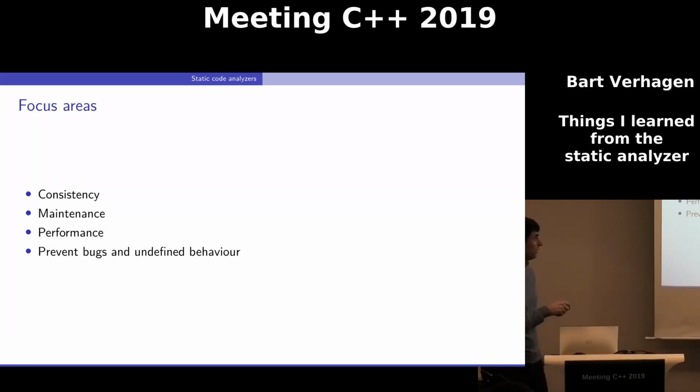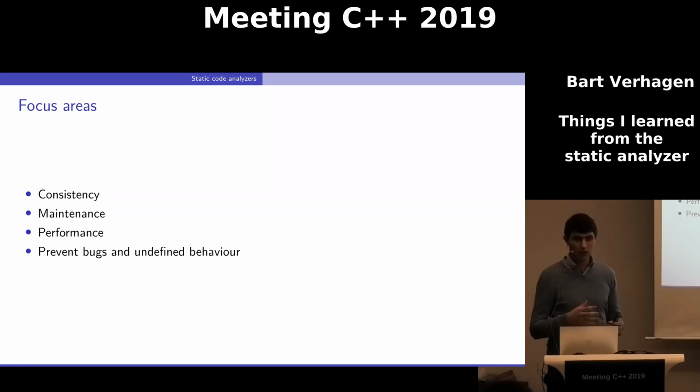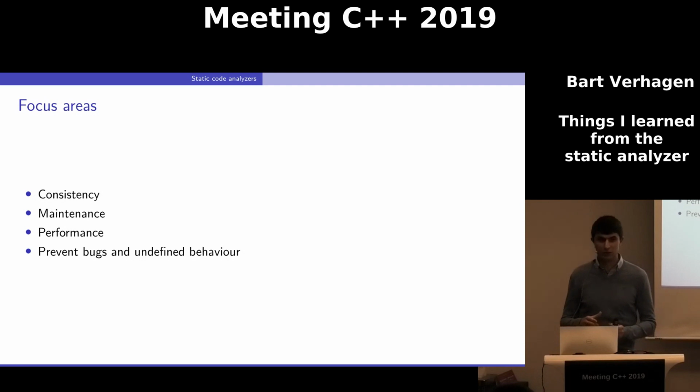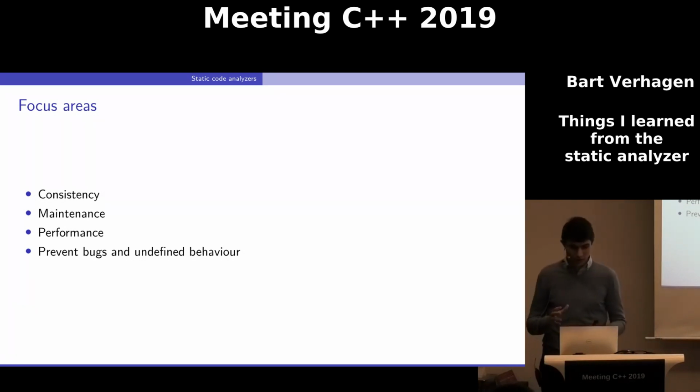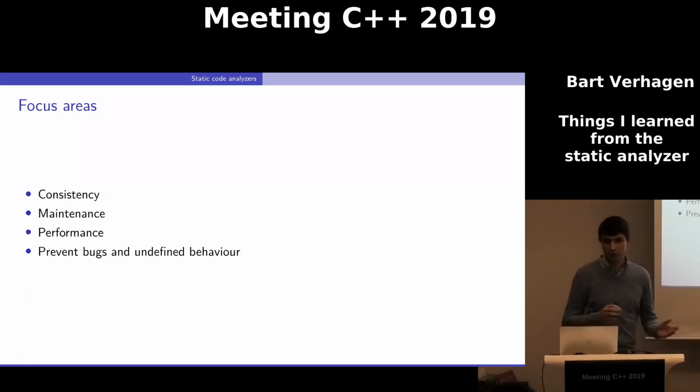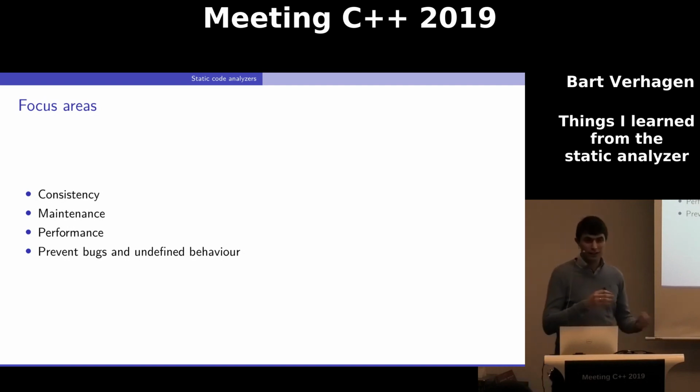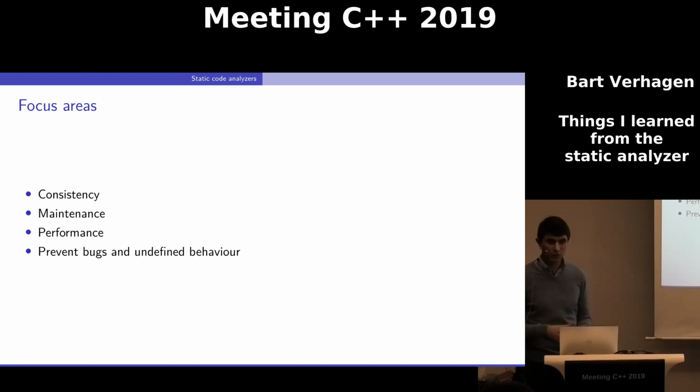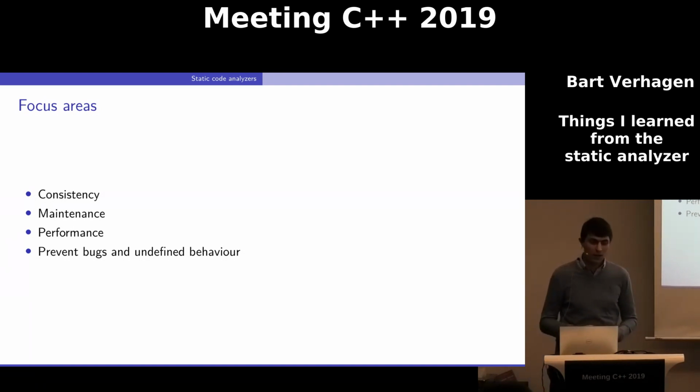First of all, there's consistency. Static code analyzers can help us make our code more consistent. To illustrate how important consistency can be, in most companies that I encounter there are rather strict coding guidelines on how to use C++ well and how not to use it, and sometimes there's a kind of holy power to which everything has to comply.